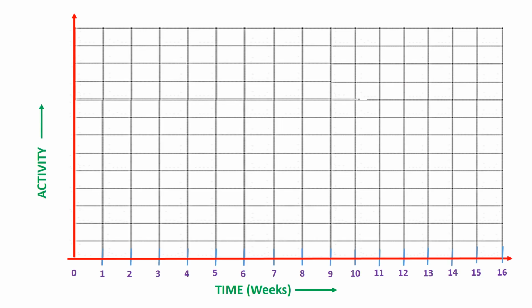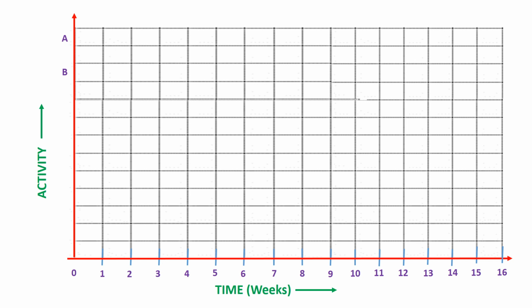So we have the timeline in weeks along the x-axis and the activities along the y-axis. Again, I'll be approaching the activities from top to bottom. I'll have my activity A and activity B from top to bottom.